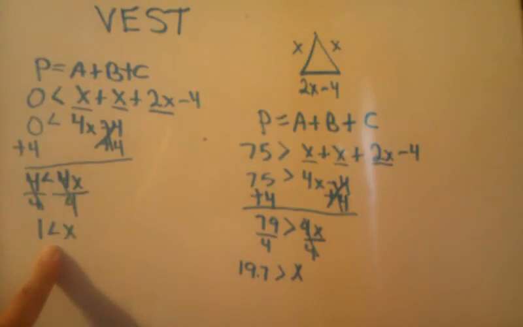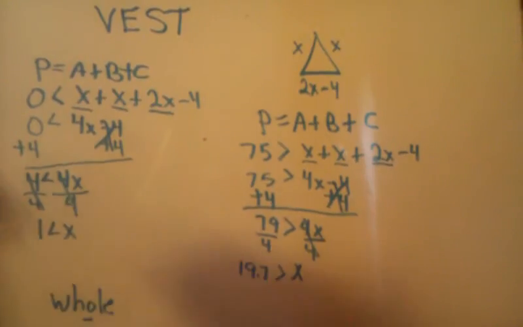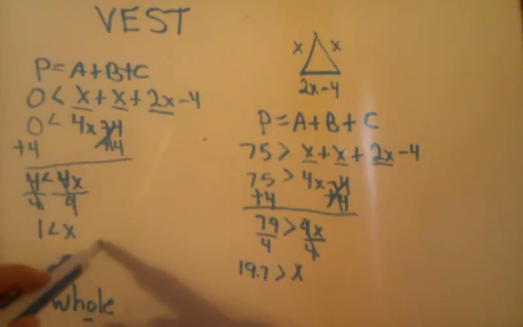So if this is a whole number, my next whole number, remember the word whole? See that O? That means whole numbers start with 0. That means there's no negative numbers in whole numbers. So what is my next whole number? The smallest whole number it can be is 2. It can't be 1, right? 1 is smaller than x. So the smallest it can be is 2.